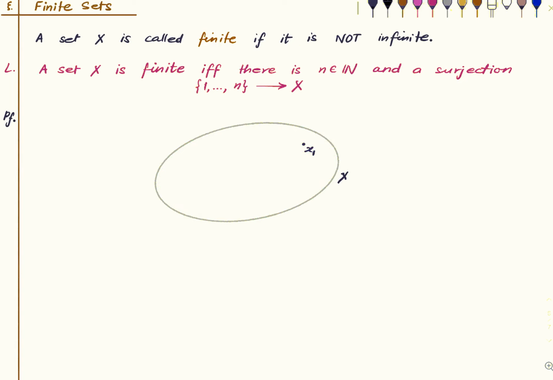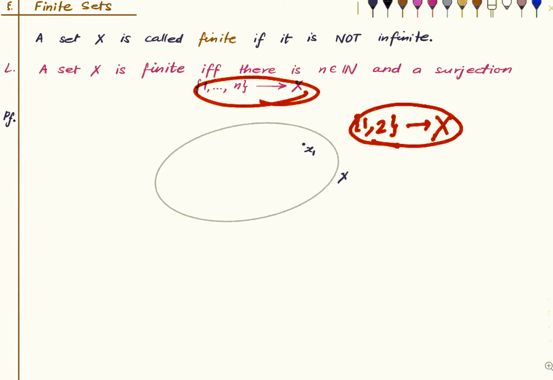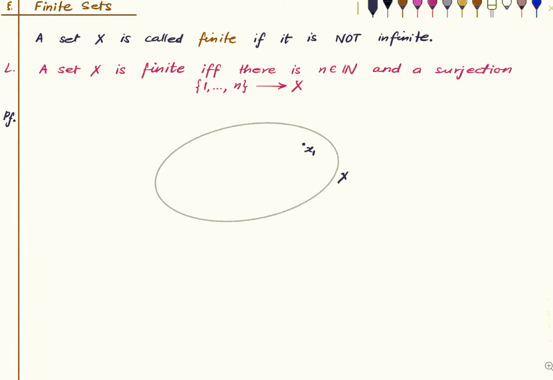So there are more things inside the set x. Now there is also no surjection from this set to x, since we have assumed that this does not happen, so we should be able to find a point x2, different from x1. And now since there is no surjection from this to x, we should be able to find a point x3, and keep going. At the end of the day, we will be creating an injection from the set of natural numbers to the set x, and hence x would be infinite, contradicting the assumption that x is finite.